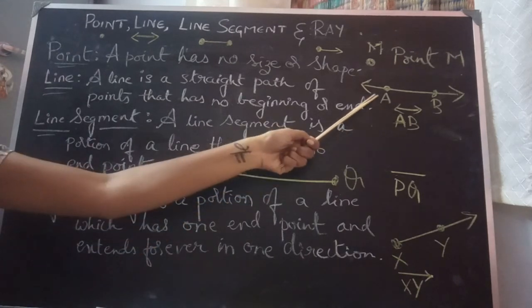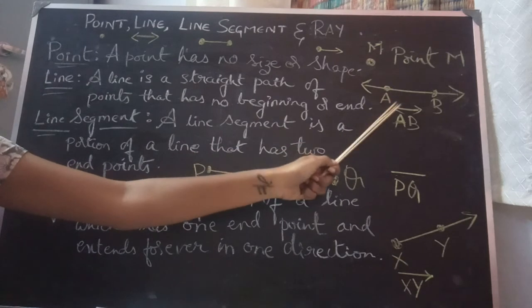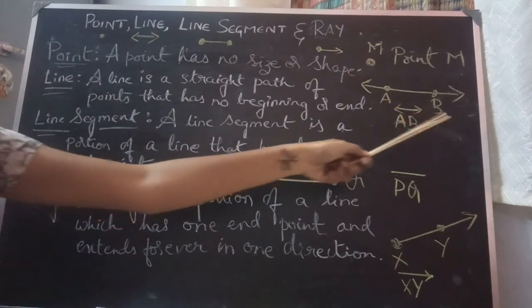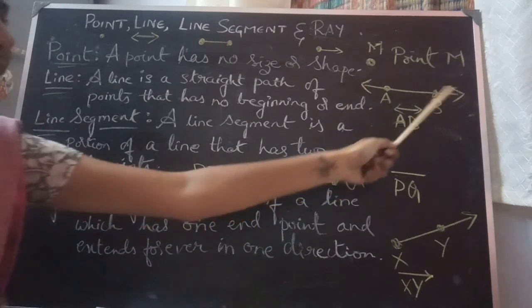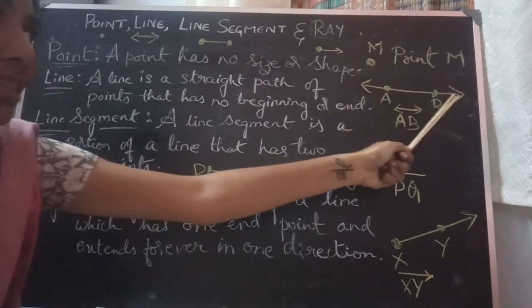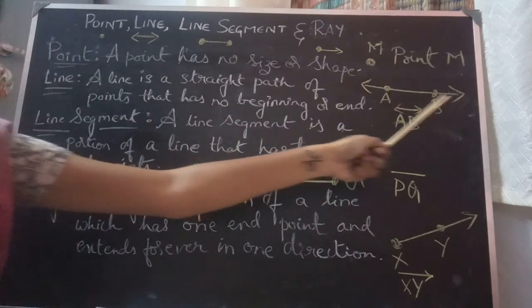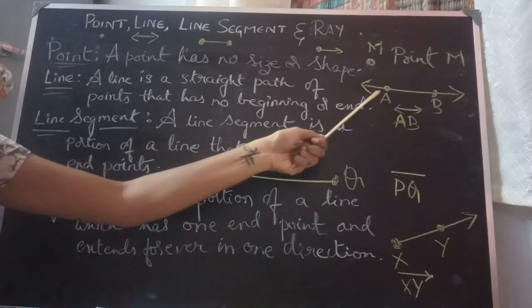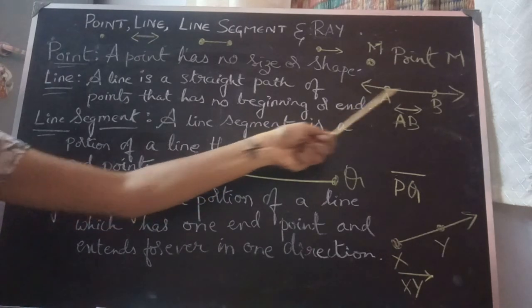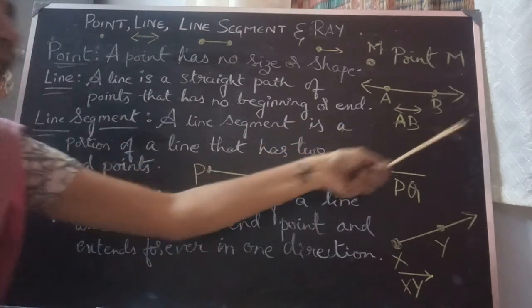Consider here we have named the line as A and B, line AB. In a straight line we'll have a set of points. We'll join each point so that it forms a line which has no beginning and no end.